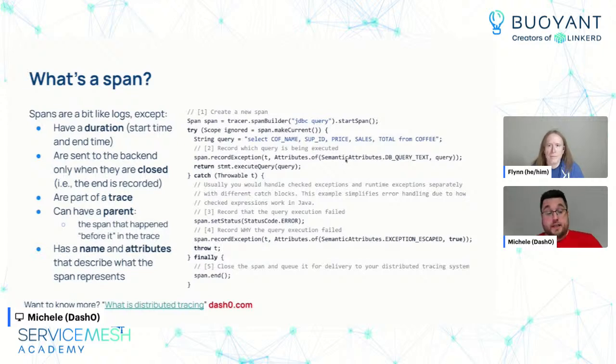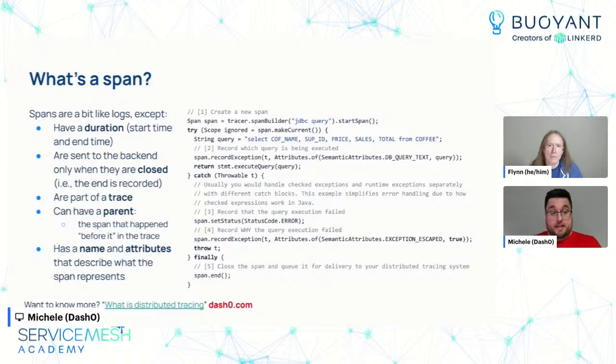Spans are related with one another in two ways. Spans belong to a trace. A trace is a collection of one or more spans. And spans are related with one another through parent-child relations. I'm going to give you more details on this very soon because I have a graphical explanation that is better to explain.